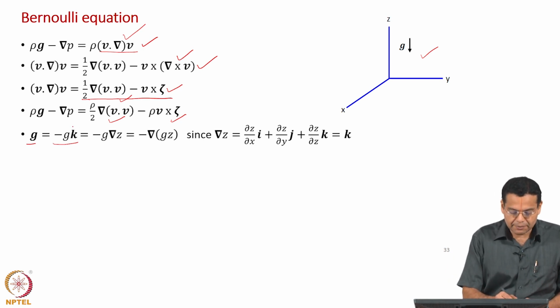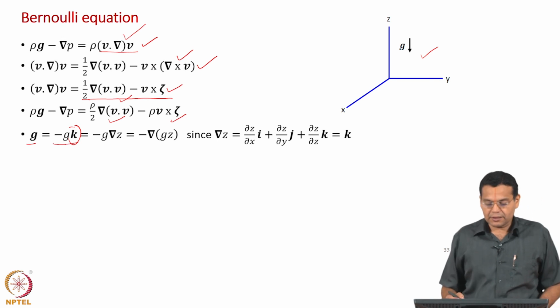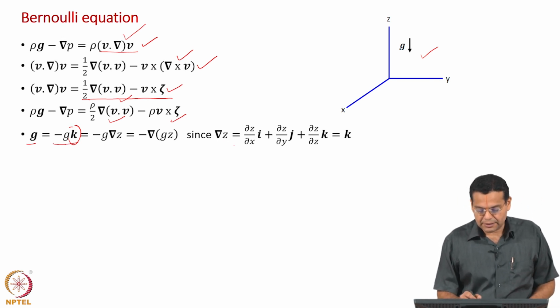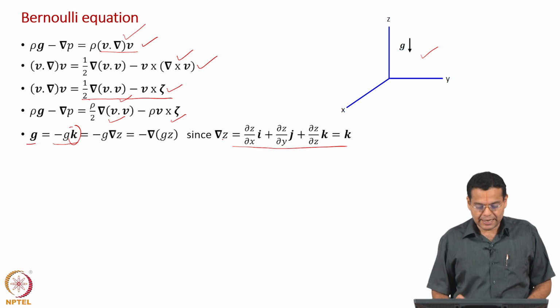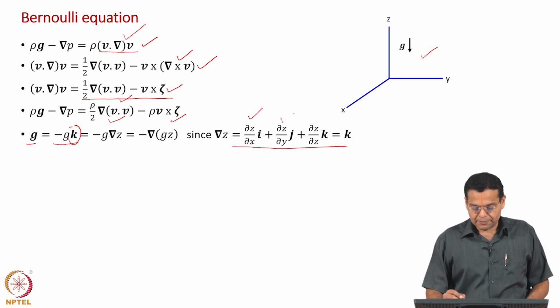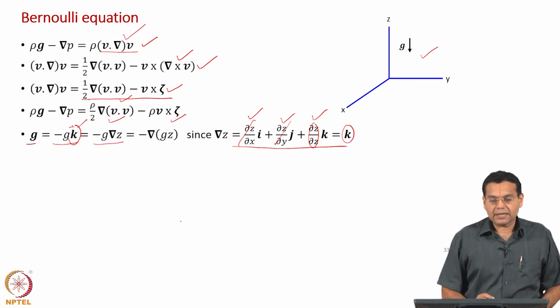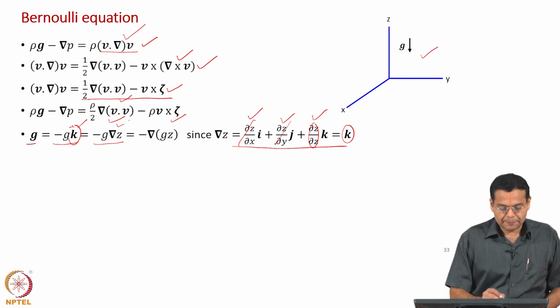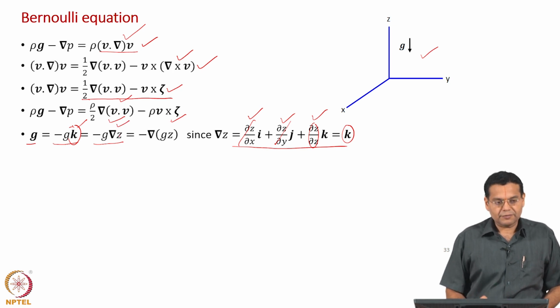Now, k can be written as gradient of z. How is it? Look at what is shown here. Gradient of z is dou z by dou x i, dou z by dou y j, and dou z by dou z k. So these terms vanish, and this is unity, giving us the k vector. So the g vector is minus g gradient of z.